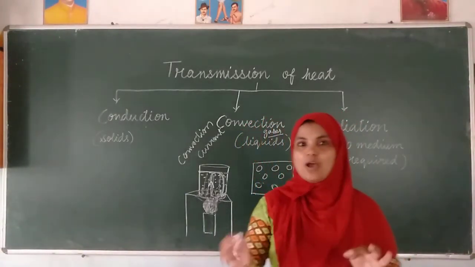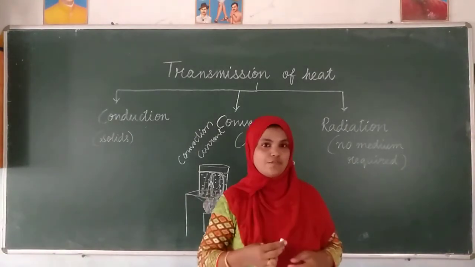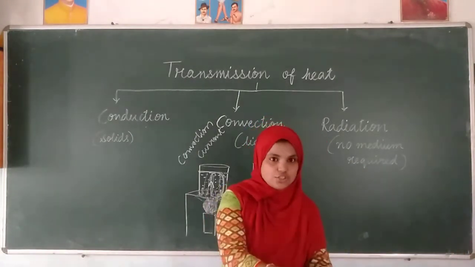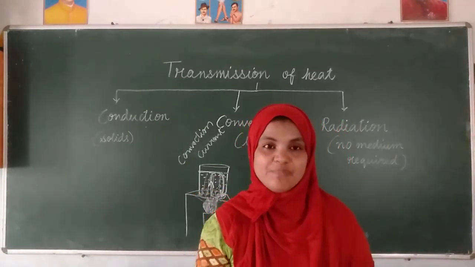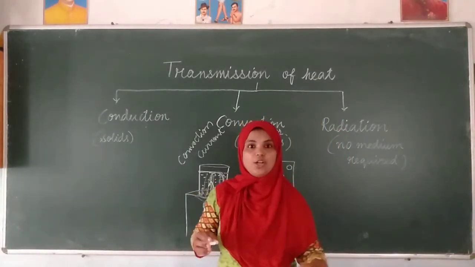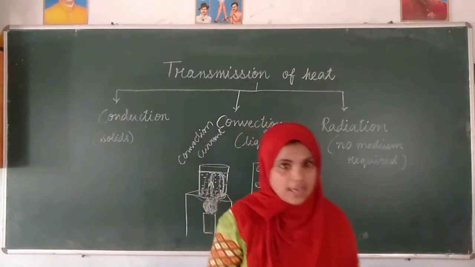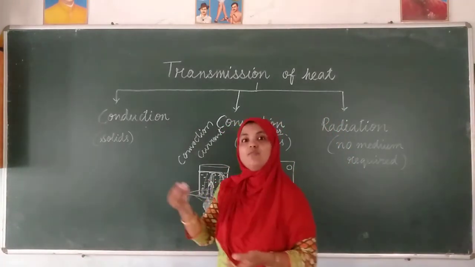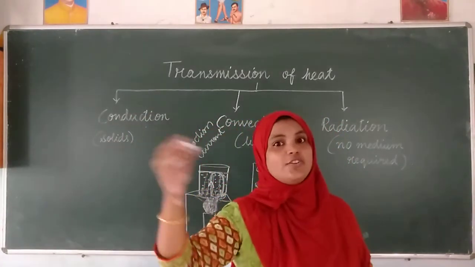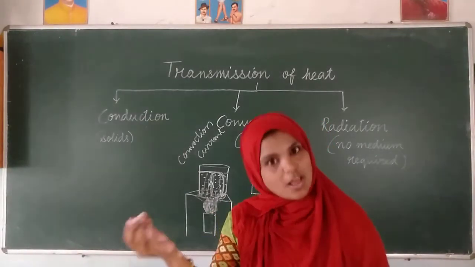It is like, if I want you to take this chalk piece and give it to your friend, you will come to me, take the chalk piece and walk and give it to your friend. Are you just sitting in one place? No. You're walking, taking the chalk and going again, transmitting this heat energy to the other person or other molecule.